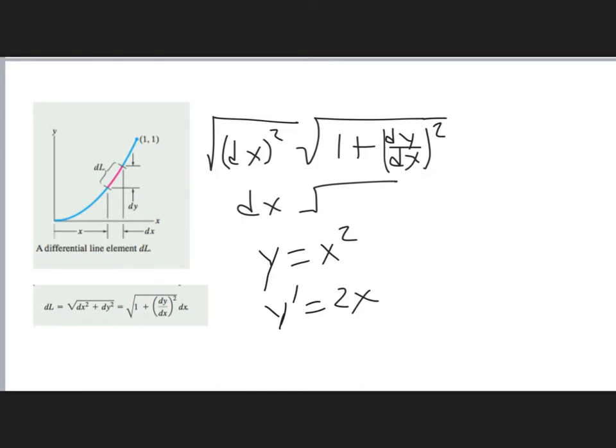Now of course we want to have that squared, so y prime squared is equal to 4x squared. And that's the value that we would plug into here for this specific problem of doing the parabola.